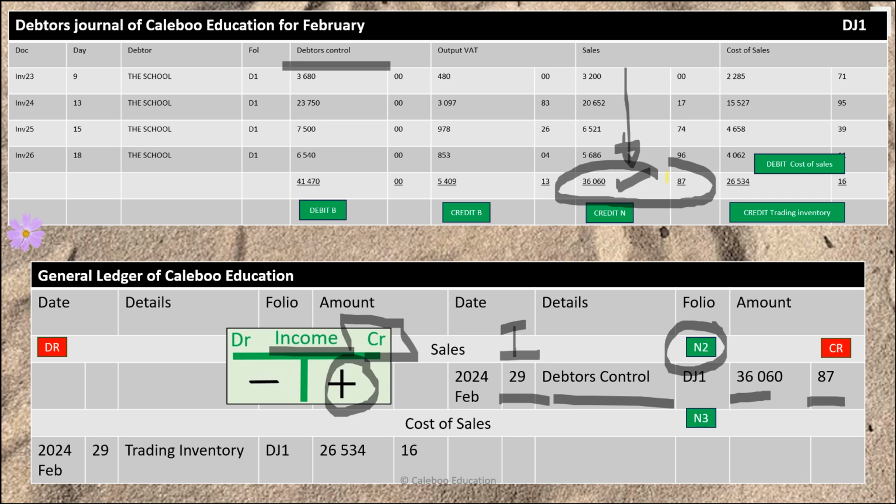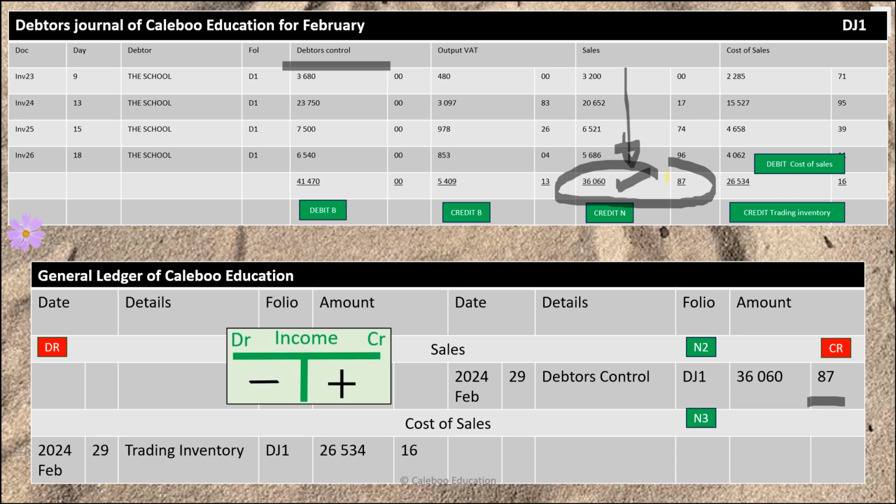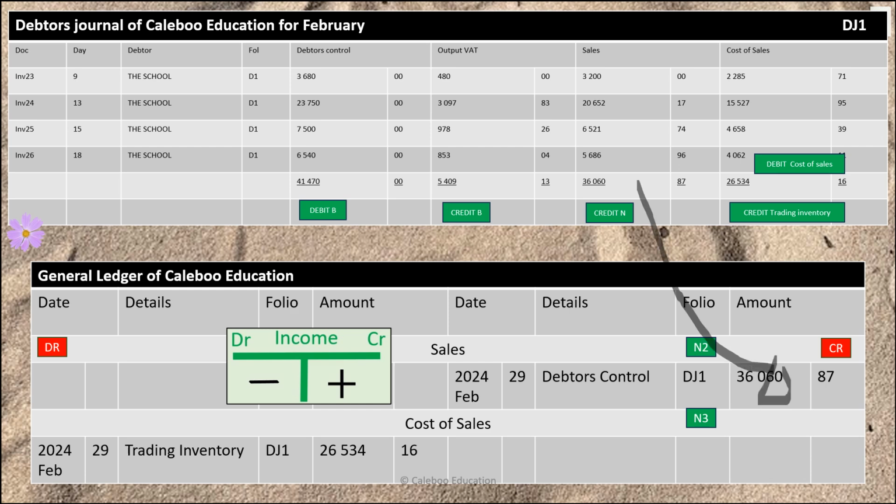So now the sales column in the debtors journal has been posted to the general ledger. There we go. Why was it on the credit side? Because the rule says an increase in income, the account must get credited.